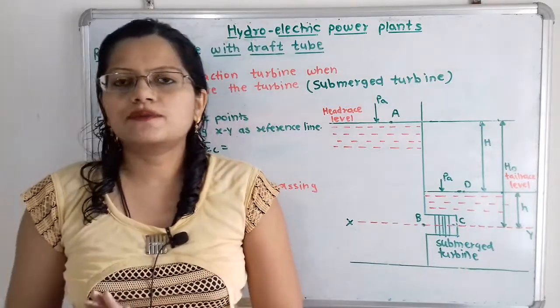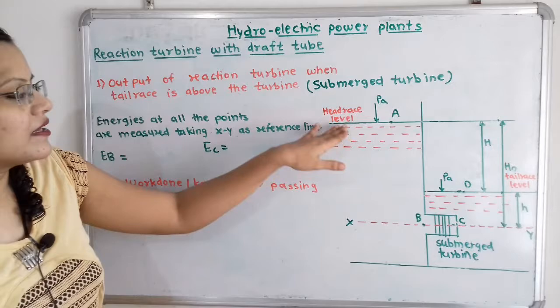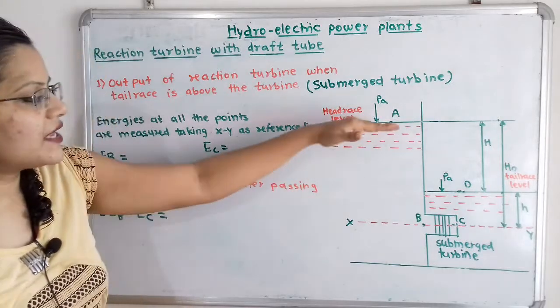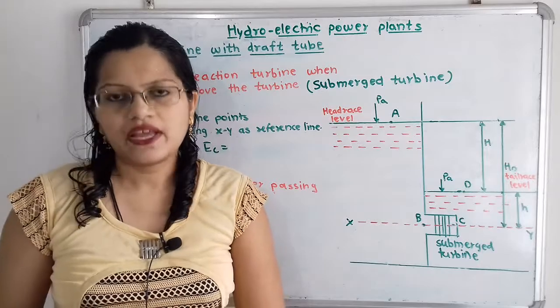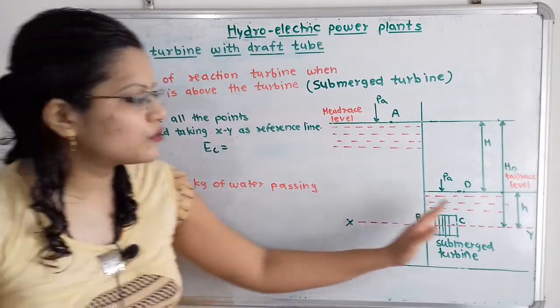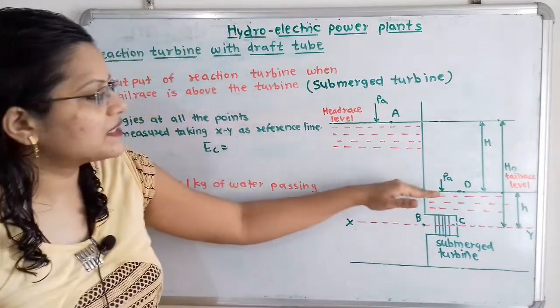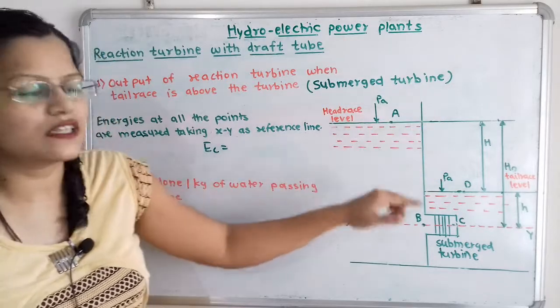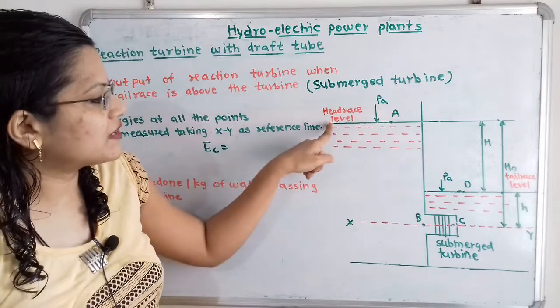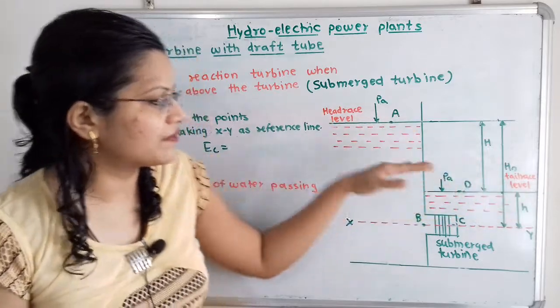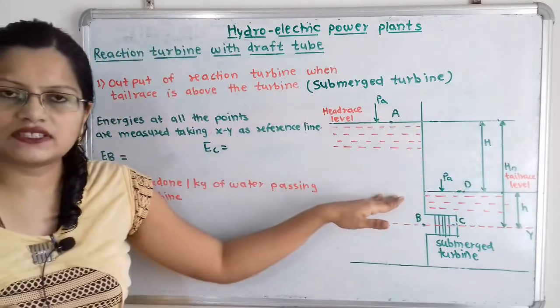If we observe the working, at the headrace level the water is in static condition, and while it is passing through the turbine, there is extra pressure getting generated because of the level difference between the headrace level and tailrace level.